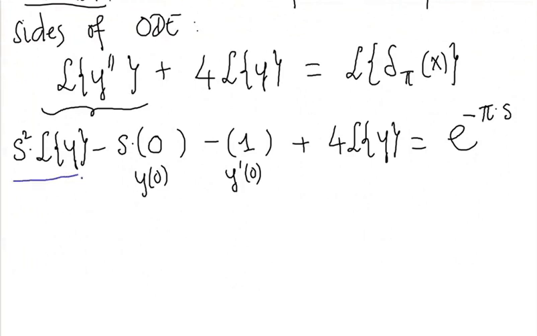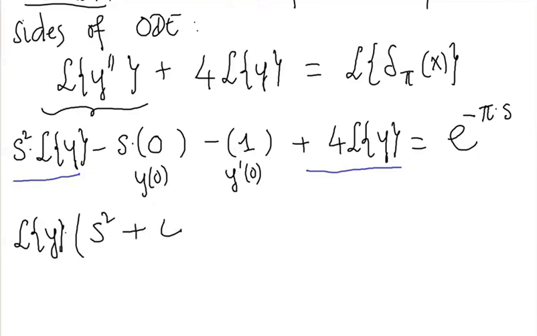Now we group all the terms with the Laplace transform of y together and factor the Laplace transform of y out. Then we have s squared plus 4 equals e to the minus pi times s, and the negative 1 here becomes plus 1 on this side.